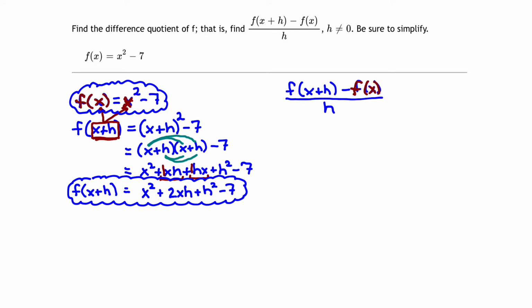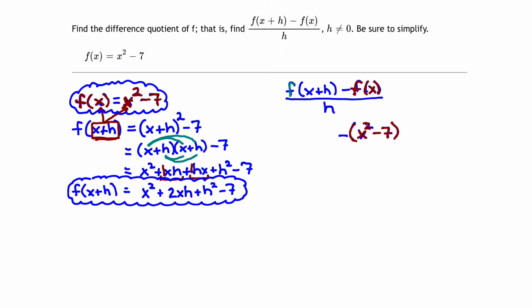F of x is going to get replaced with the expression x squared minus 7. Let me go about doing that. Minus f of x, which is x squared minus 7. And notice I put parentheses around it because that expression is a whole expression that has to get subtracted. So x squared minus 7 is my original function, and that's going to get substituted in place of f of x.